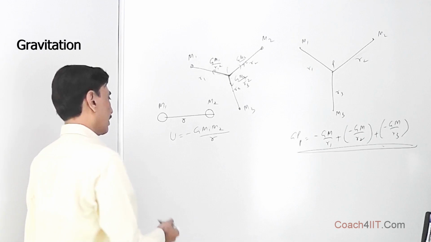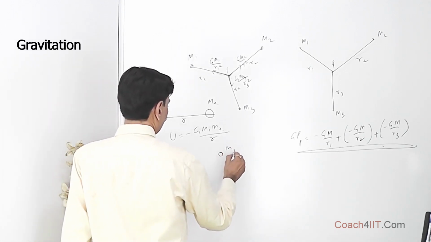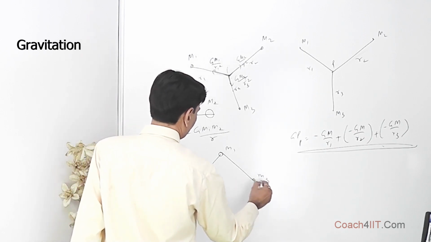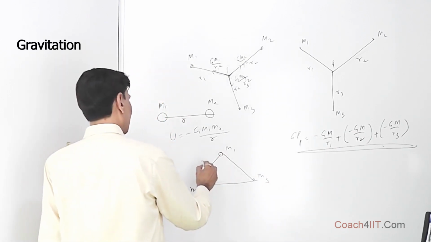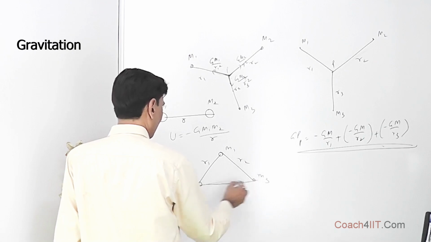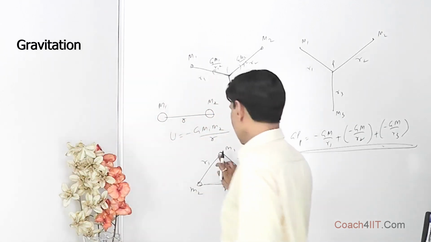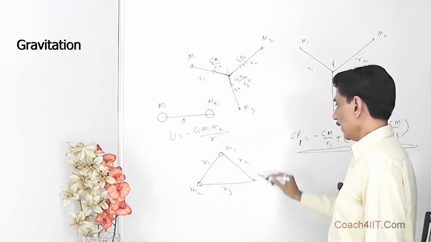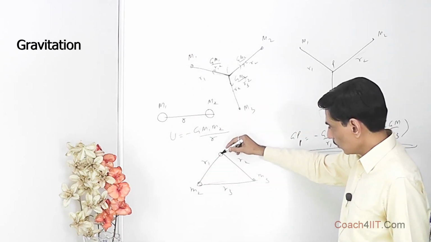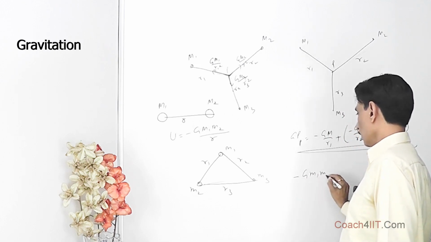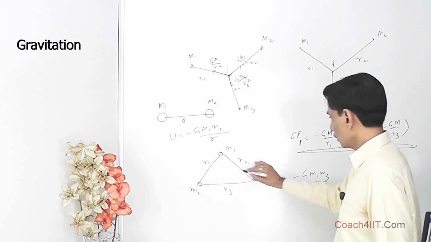If we have three bodies, let's say this is m1, over here m2, and over here m3. They are like this. This is at a distance r1, this is at a distance r2, and the distance between m2 and m3 is r3. Then for the gravitational potential energy of this system, first let's take the energy of m1 and m3. That is minus Gm1m3 upon r2. This is done.